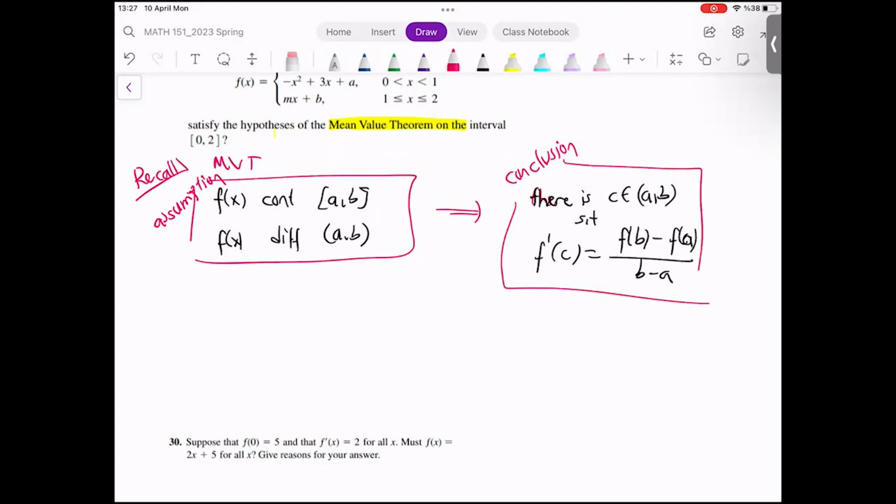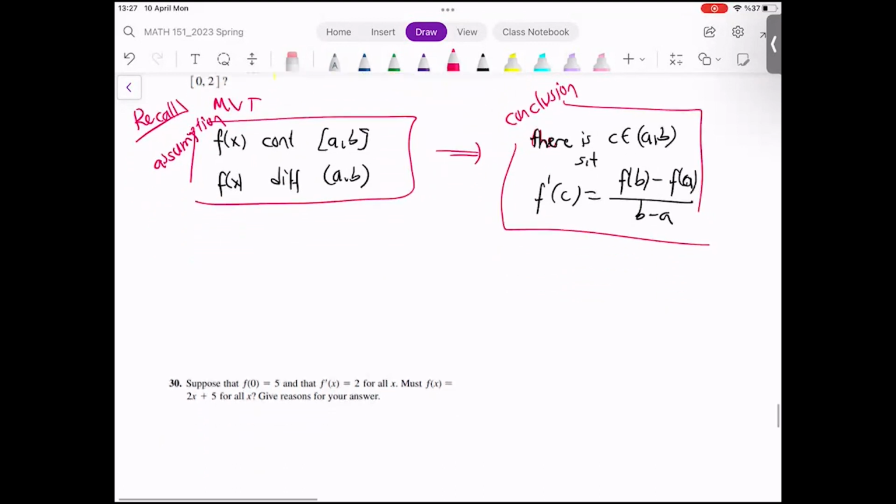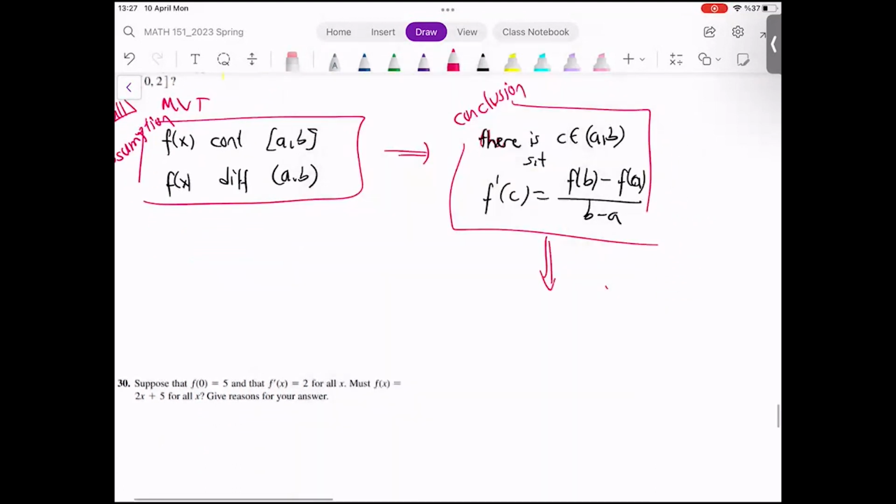Why am I telling you that Rolle's theorem is strongly related to the mean value theorem? Because if you add one more assumption that f of b equals f of a, what happens to f prime of c? If f of b and f of a are the same, it is 0 over something, right? 0.